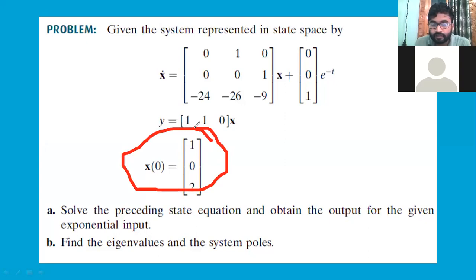Generally, throughout control systems, whenever you apply Laplace transform to differential equations, you ignore the initial conditions. Why? Because throughout control systems, we deal with transfer functions. In case of transfer functions, no need to worry about initial conditions. But here that is one precaution you have to take: initial conditions.